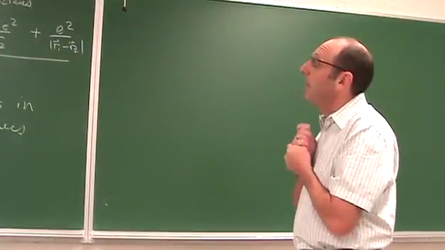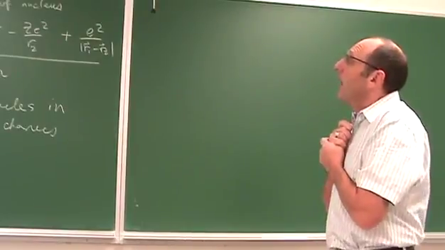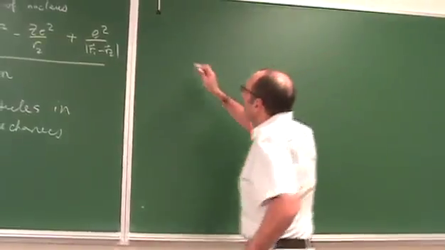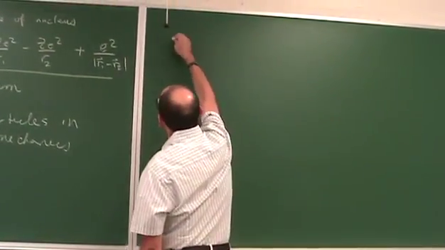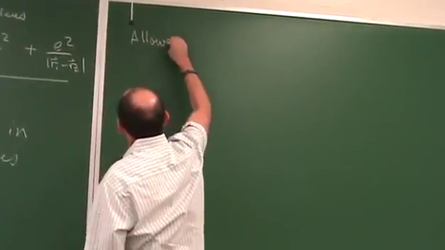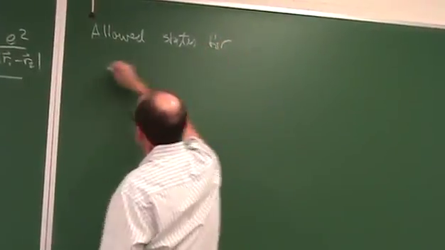What can we say then about this connection between spin and statistics? Well, we can think about possible states, just to remind us, allowed states for Fermi statistics.